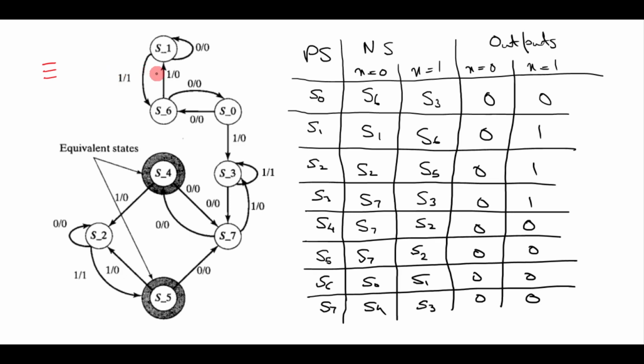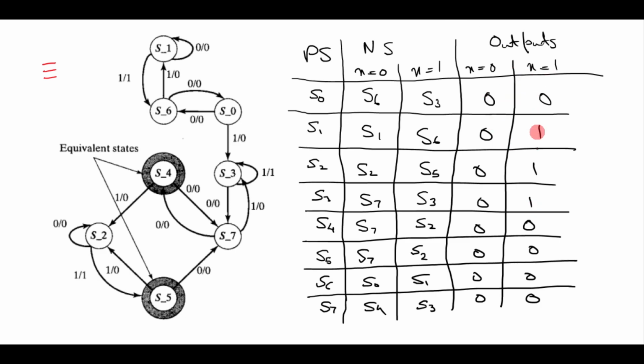So two states of a sequential machine are equivalent if they have the same output sequence for all possible input sequences. So here you can see this row and this row and this row. All these three rows have the same outputs. Similarly, the last four rows and the first row, they have the same outputs.